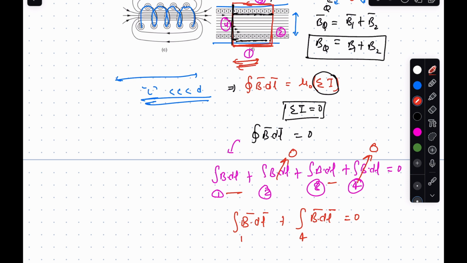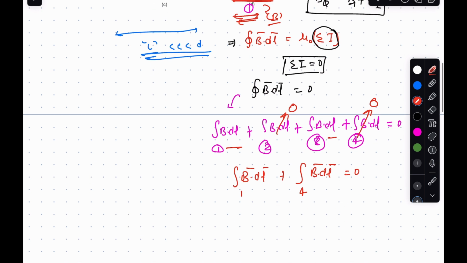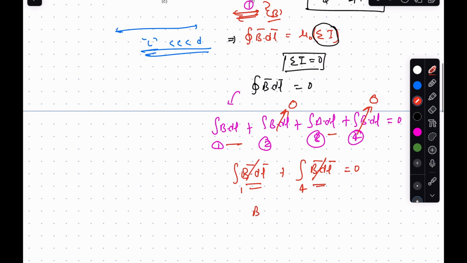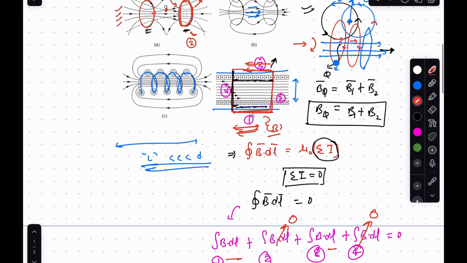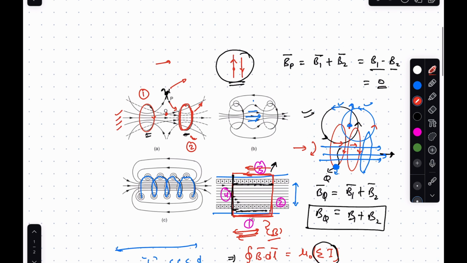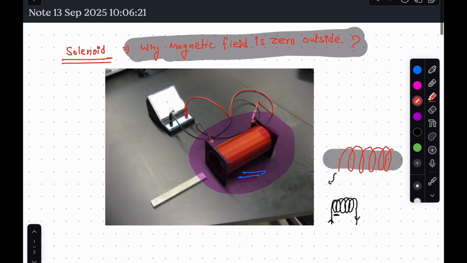So first of all, the integration of B·dl will be a positive value, and only if the magnetic field is 0 here does this integration come out to be 0. That's why it is going to be 0. This is how we can explain this, but the better explanation is to understand it graphically with the help of the magnetic field lines. I hope you have understood this part.